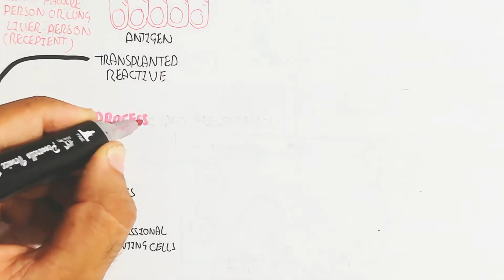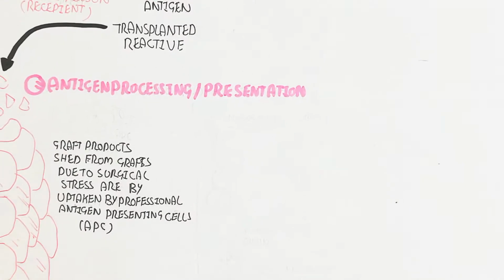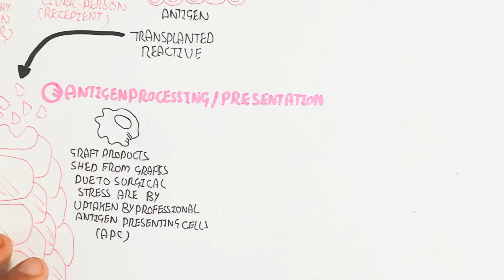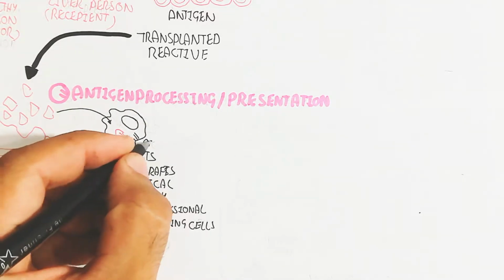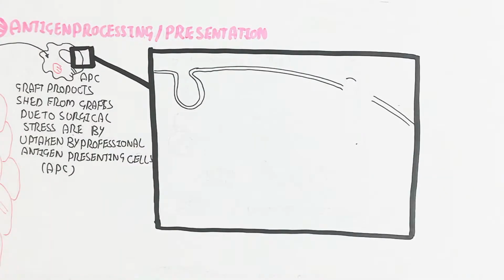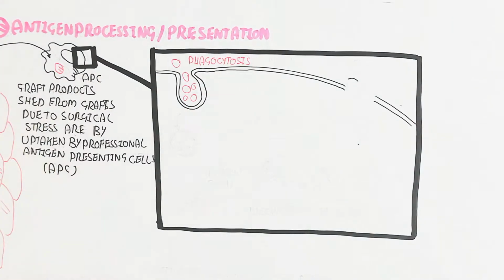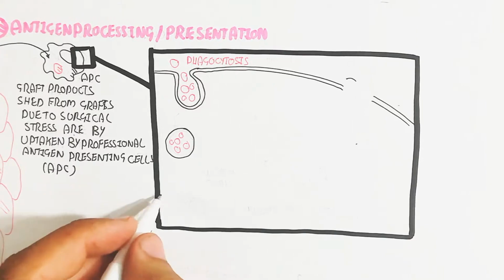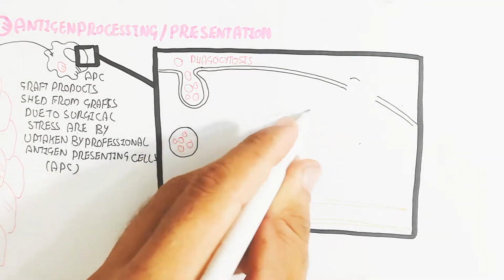So the antigen processing and presentation occurs via uptake of the antigen of the grafted tissue. Let's begin to understand how this antigen presenting cell works. Phagocytosis of the antigen occurs, and the antigen going inside is known as endosome formation.